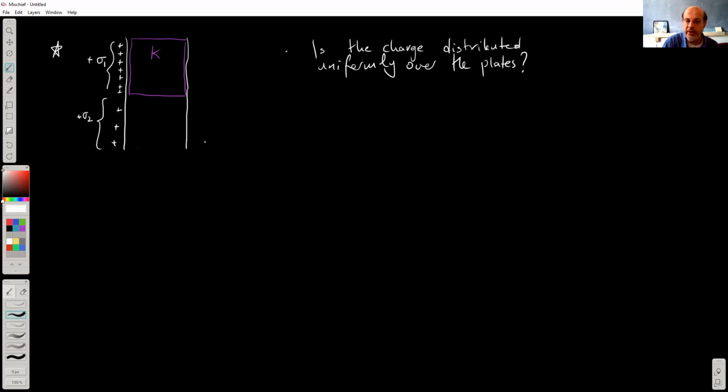I don't know if they are equal or not, but there is no extra information that will enable me to conclude that they have the same density.